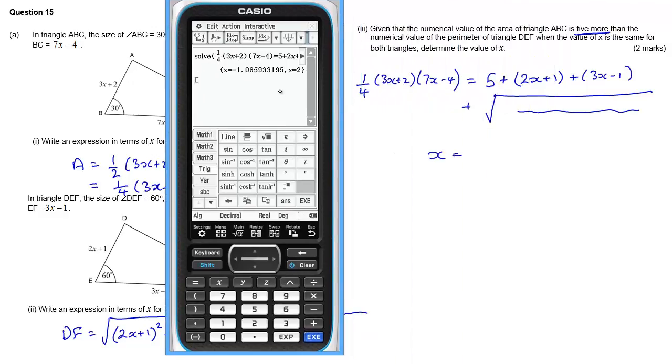And well, it's a length, it can't be negative, so it must be x equals 2.